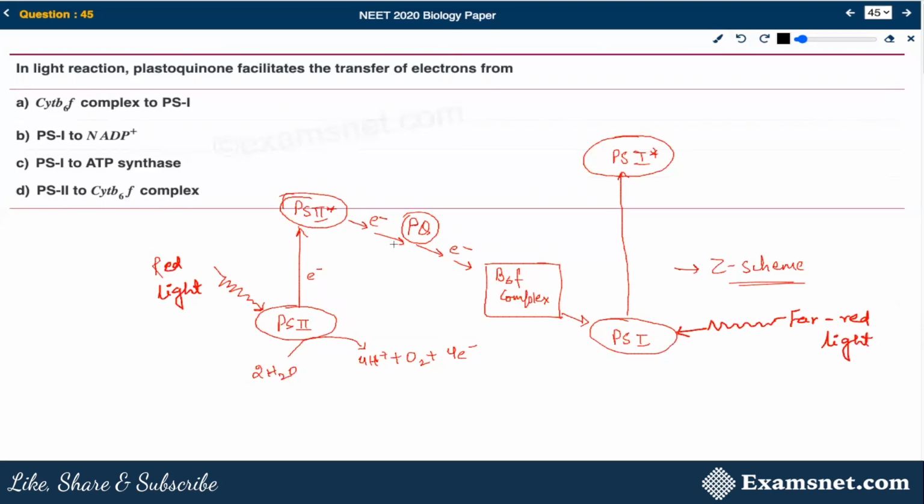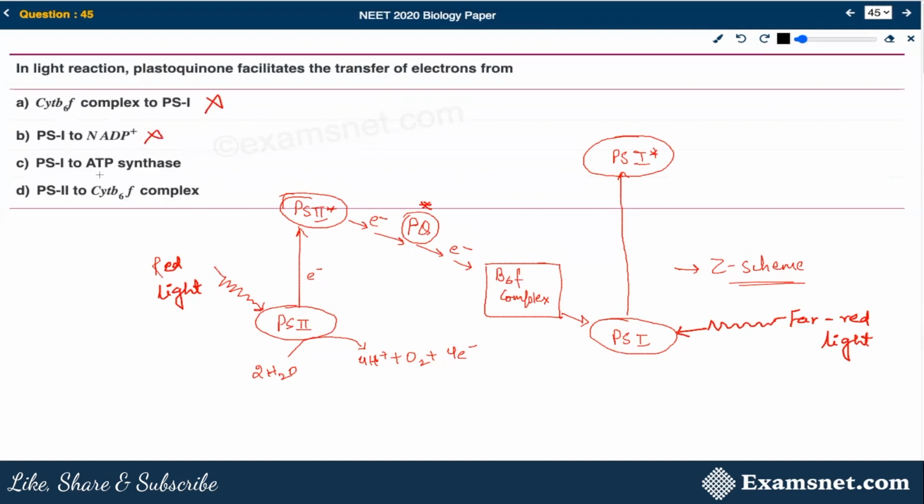If you look into the figure, you will have a clear-cut idea that plastoquinone lies somewhere at this point. So this is going to transfer the electron from PS2 to the cytochrome B6F complex, which is a linking agent between PS2 and PS1. So is it cytochrome B6F complex to PS1? No. Is it PS1 to NADP? No, because NADP somewhere lies over here.